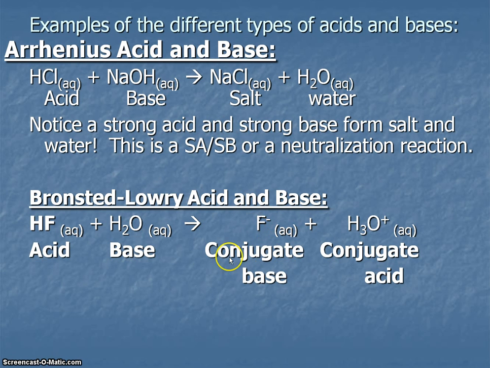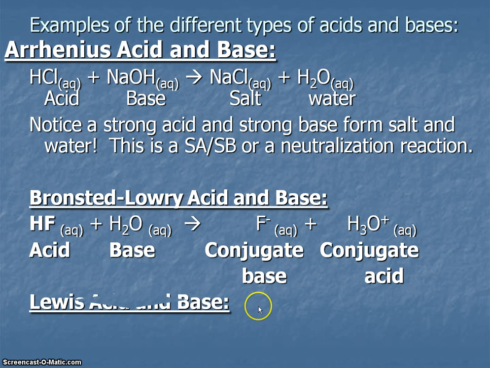So it becomes a conjugate base. Water accepted a hydrogen coming this way, but if we were to turn the reaction around, it would donate the hydrogen. So it becomes a conjugate acid. So Bronsted-Lowry has conjugate acids and conjugate bases. Just think of going backwards. So that's a clue for Bronsted-Lowry.